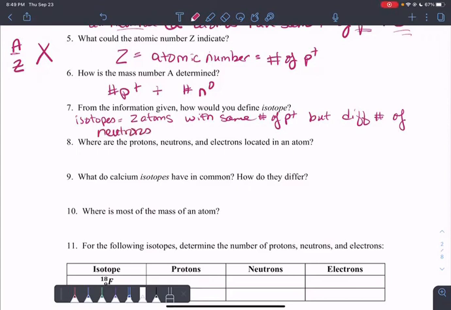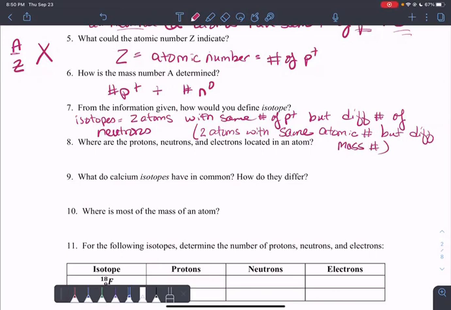So another way you could say that is you have two atoms with the same atomic number, another way to say same number of protons, but different mass numbers, right? Both statements are exactly the same. We're just saying them in different ways.